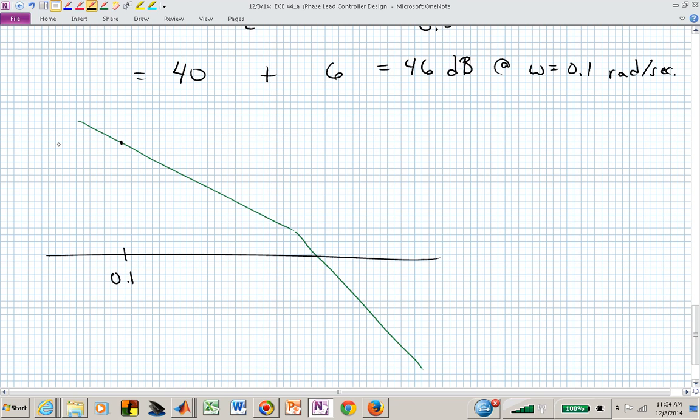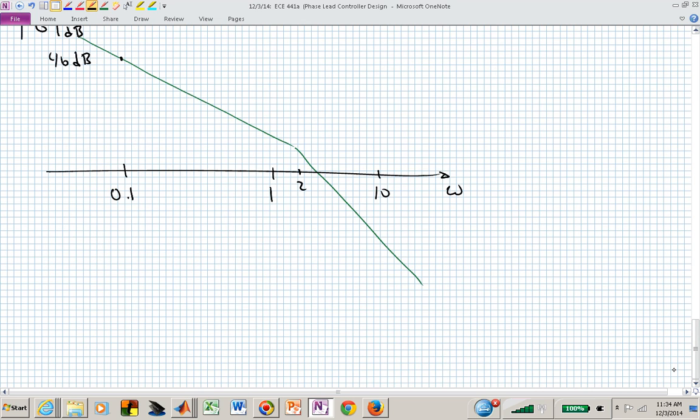This value is now 46 dB. And this would then be 1. Here is 2. And that should be 30% of the distance based on our logarithm up above. So here is now our 10. And this is now the magnitude curve as a function of omega.